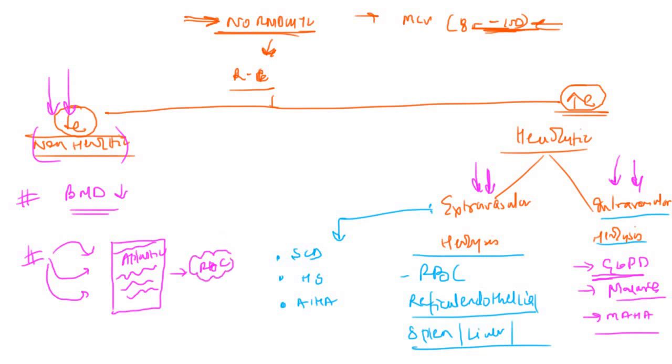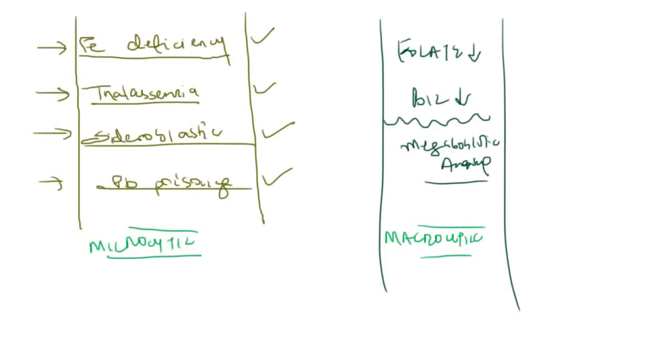So this is how, in the real exam, we are going to go through the microcytic anemias, the normocytic anemias, and the macrocytic anemias, and this is how the real classification looks. In this slide, we had the causes of microcytic and the causes of macrocytic. So let's add normocytic. If the reticulocyte count is more than 3, this is a case of hemolytic anemia.